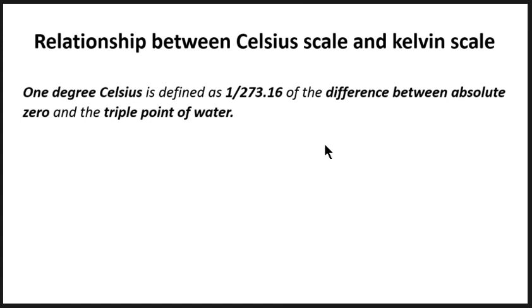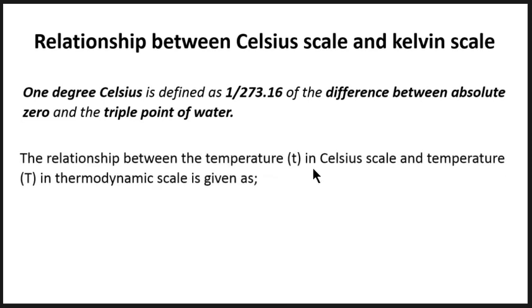Now the relationship between the temperature on the Celsius scale and the temperature on the thermodynamic scale, which is the Kelvin scale, can be given as we have it down here: T minus t equals 273.15.